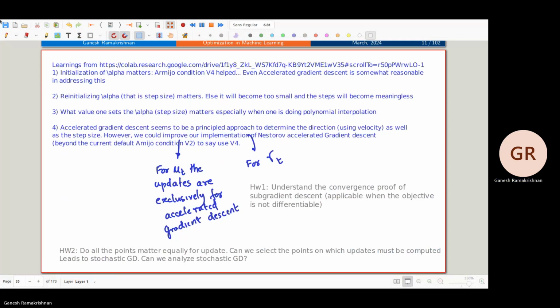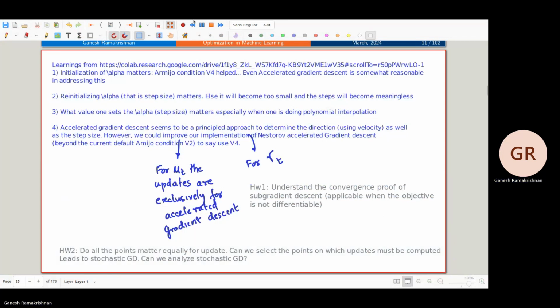What else? What value one sets the alpha matters, especially when one is doing polynomial interpolation. There were a couple of those options, at least version 3 and 4, you would have seen G transpose G, some quadratic interpolation, what alpha to choose next. And accelerated gradient descent gets the direction using velocity as well as the step size.